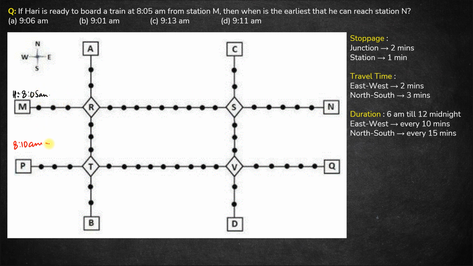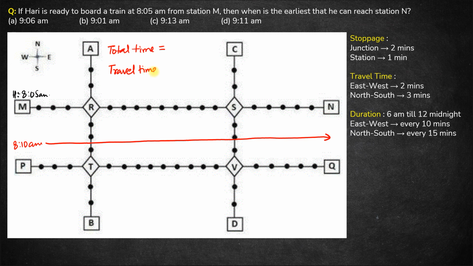So starting at 8:10 a.m., what is the total time that Hari will take to travel from M to N? Now the total time taken is, first of all, the traveling time plus the stoppages time. A metro going from M to N travels for some time and it also stops at each of these stations, right? So let's first calculate the total travel time.